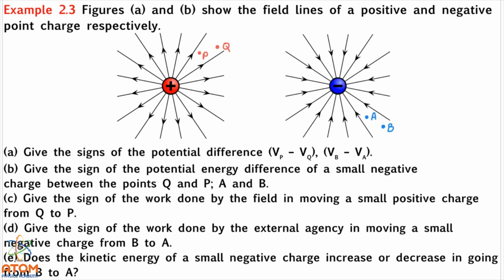First question A: give the sign of the potential difference Vp minus Vq and Vb minus Va.